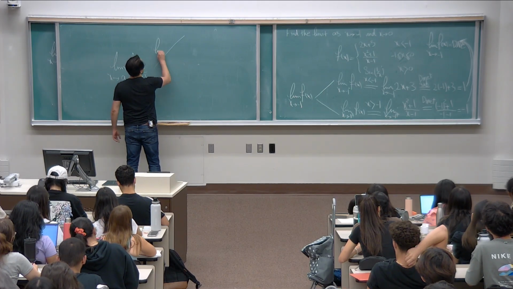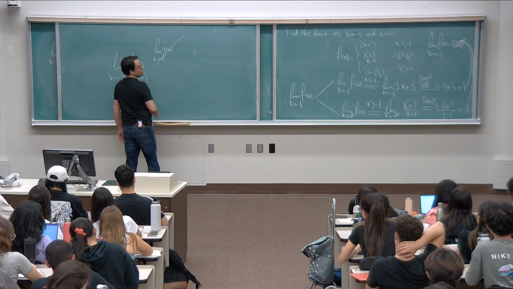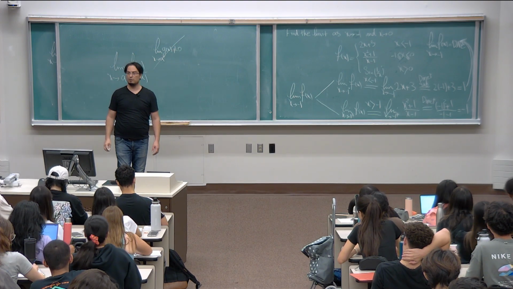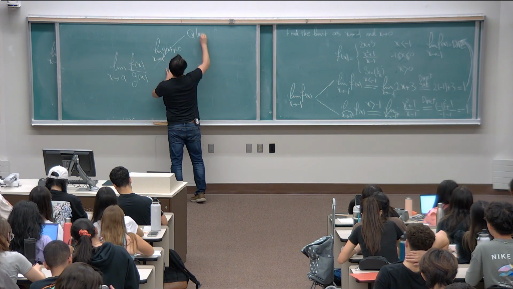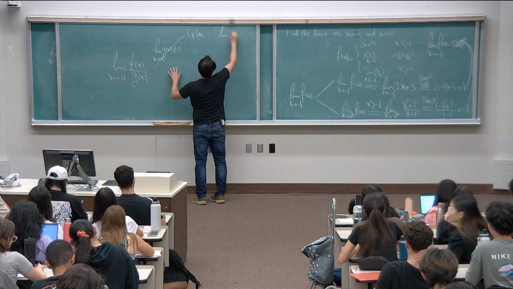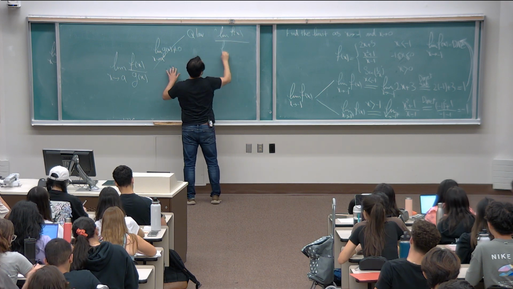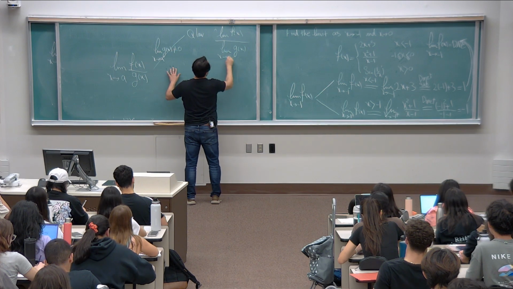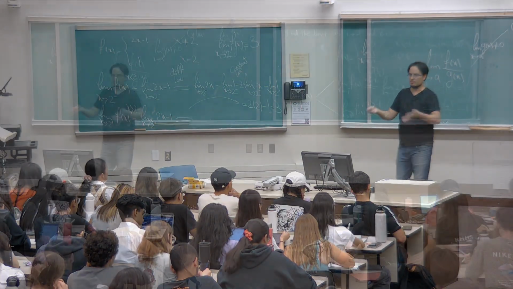Meaning, is the limit of the denominator as x approaches a not 0? If it is not 0, I can use the quotient law, which means that limit can be calculated as the quotient of two limits. That already we know, that's the quotient law.